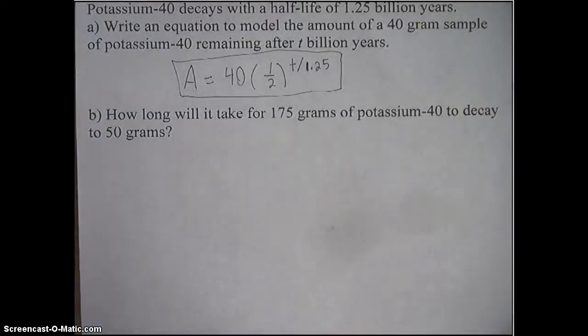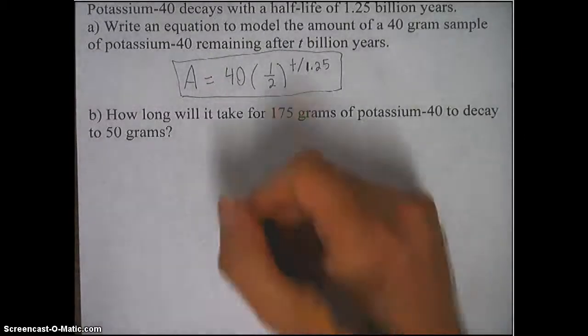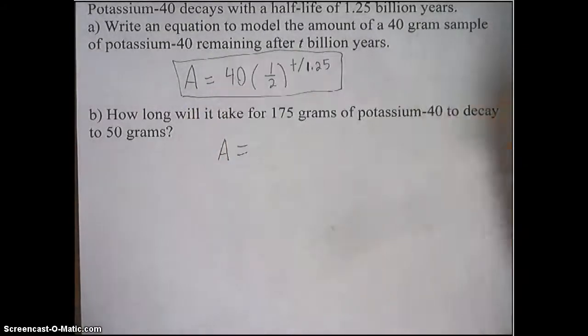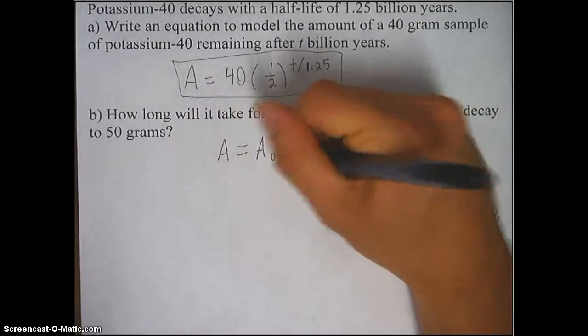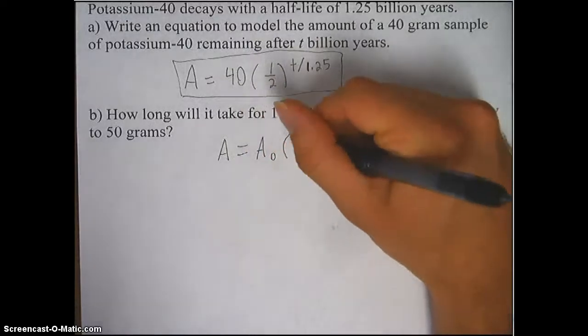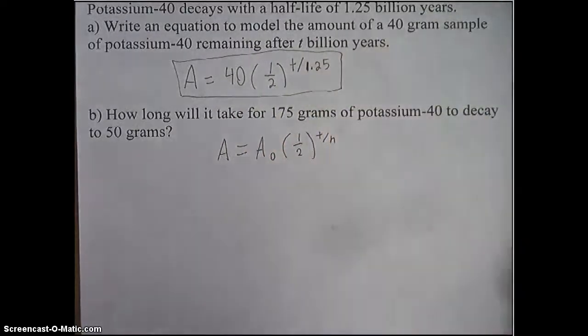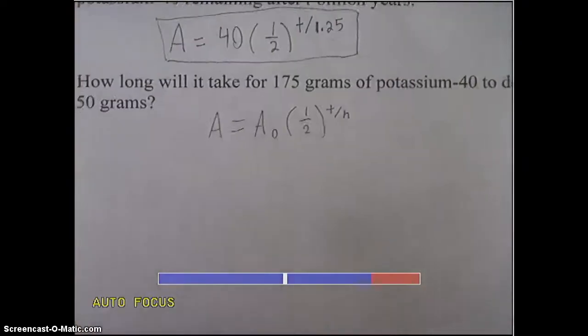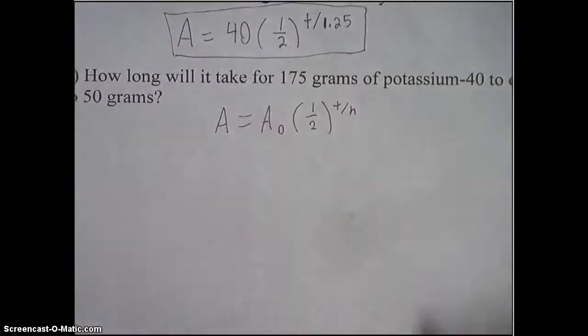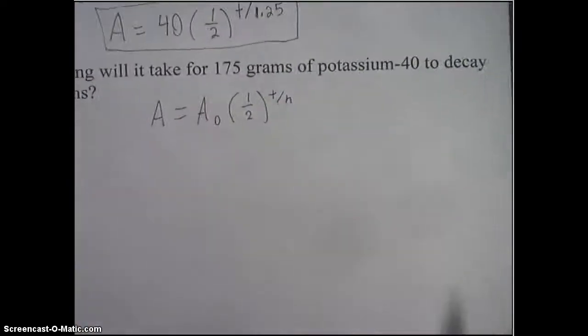So the formula to figure out how long it will take is going to be, well, let's just write down the formula. A equals A sub 0 times 1/2 to the t divided by h power. Now we know some of these things. We know that the ending amount is going to be 50 grams.